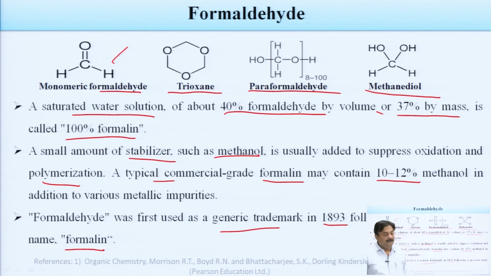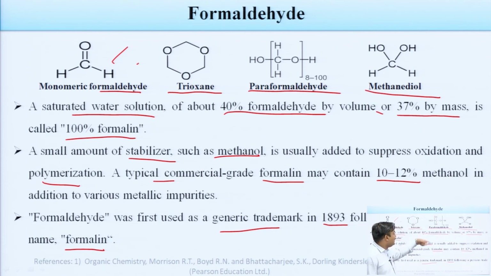You have to remember the structures also. Here monomeric formaldehyde, the simple structure of formaldehyde, that is HCHO. Then we come to the trioxane. It is a trimer, meaning a polymer. Three monomers are joined together and form a ring-like structure. So, 3 oxygen atoms are part of the 6-membered ring.